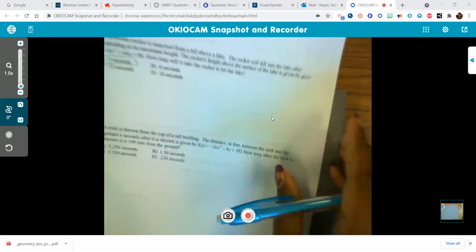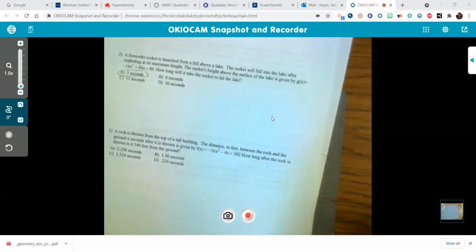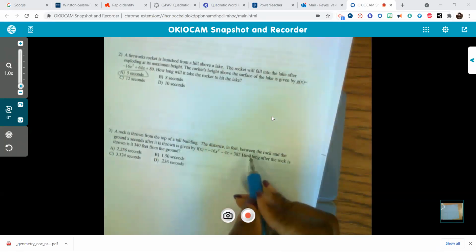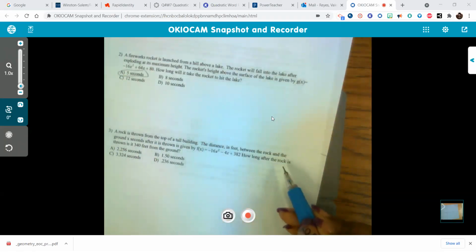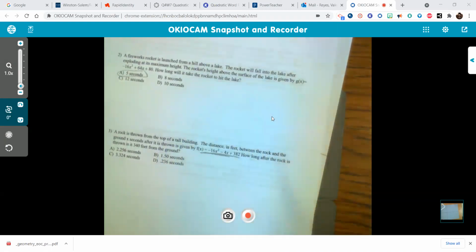A rock is thrown from the top of the building. The distance in feet, so that means y is feet, between the rock and the ground, x seconds. So x is time in seconds after being thrown, and this is the equation there.